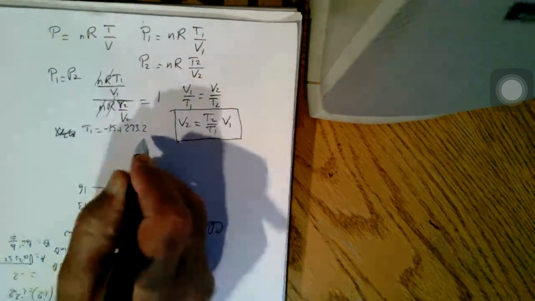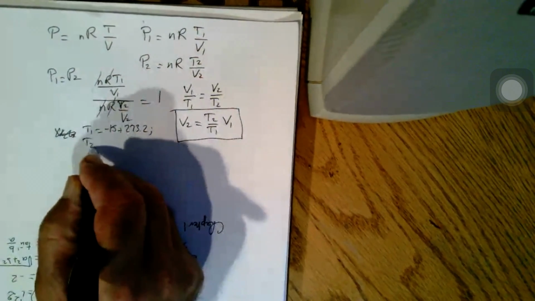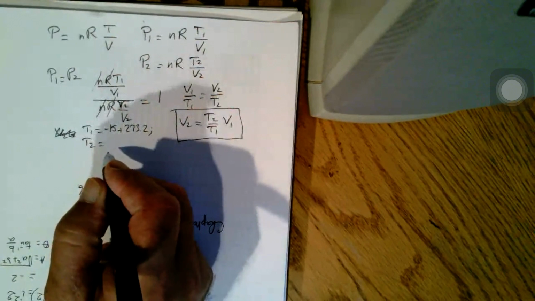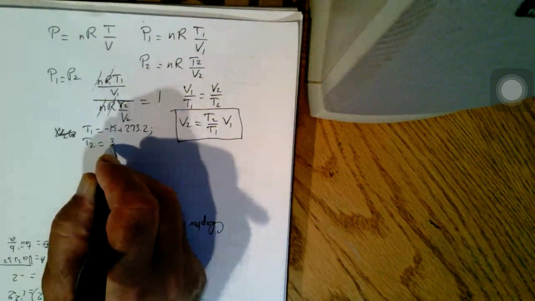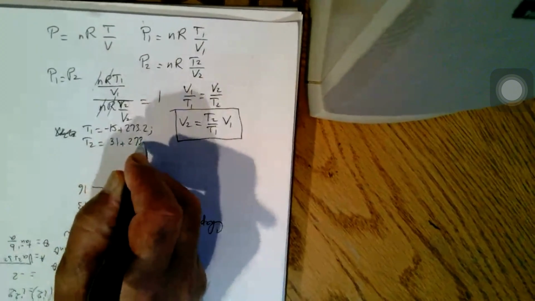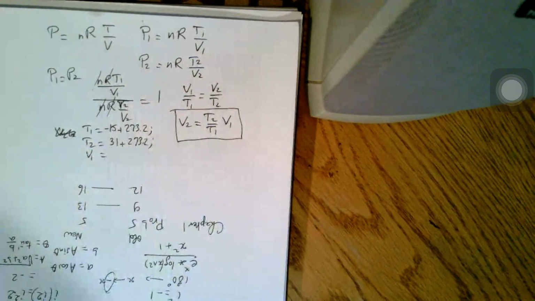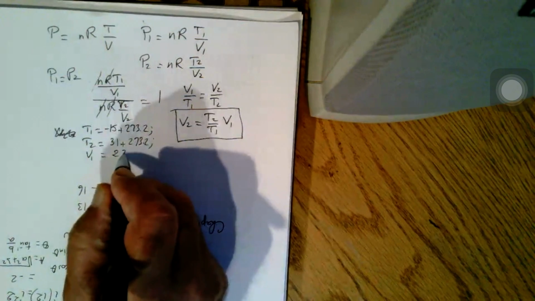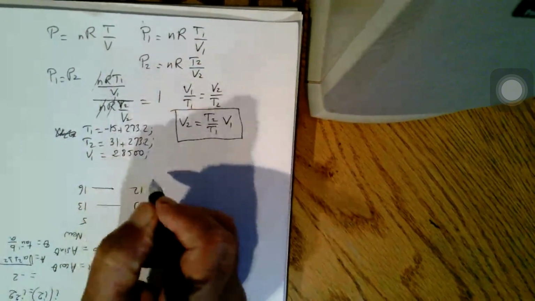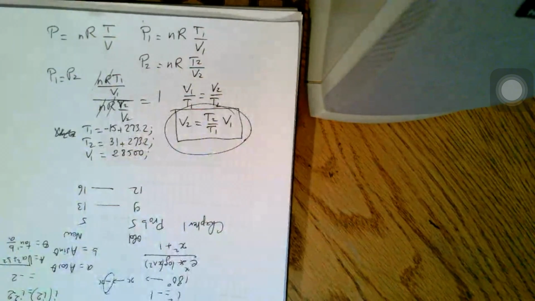So I could say negative 15 plus 273.2, and that would be my first one. And then T2 equals, what they say here, 31 plus 273.2. Then V1 equals 28,500. And then you provide a line for this expression.